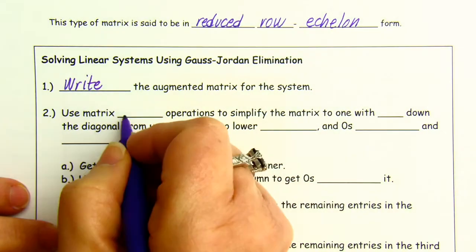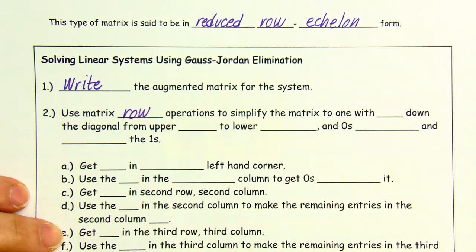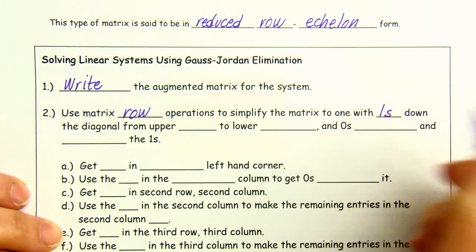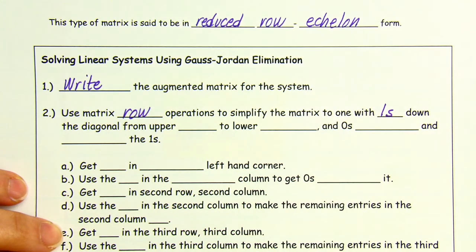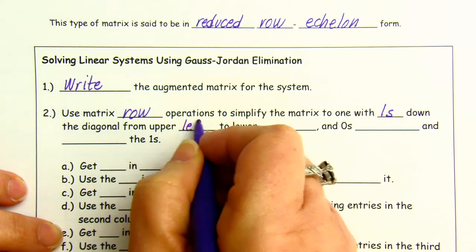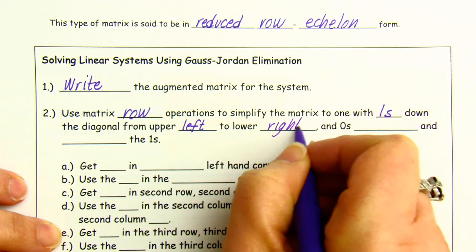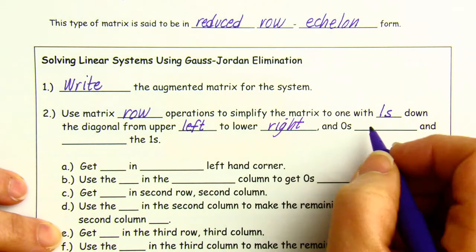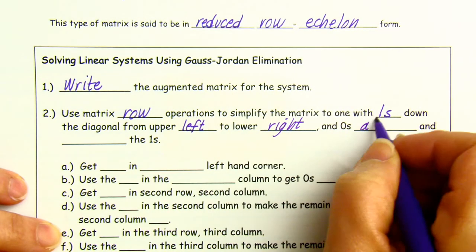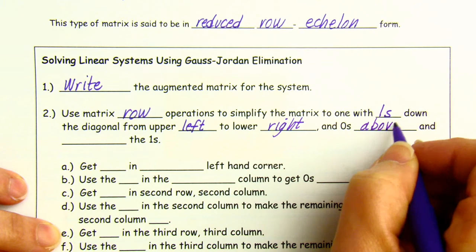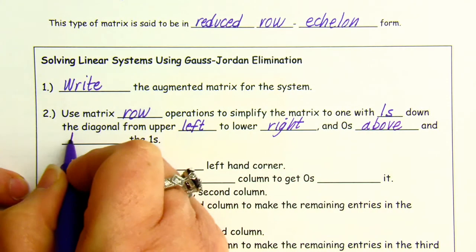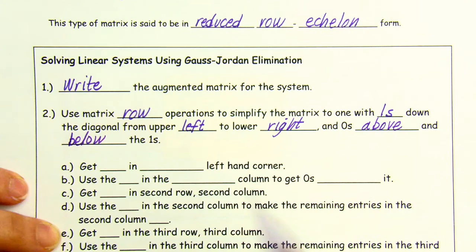Use matrix row operations to simplify the matrix to one with ones down the diagonal from upper left to lower right, and zeros above and below the ones.